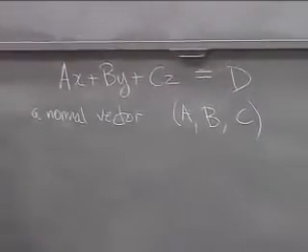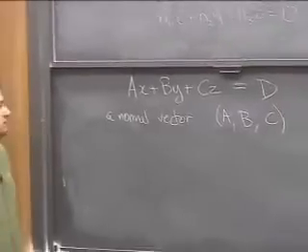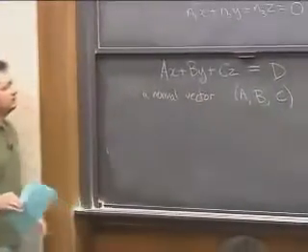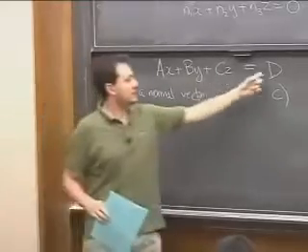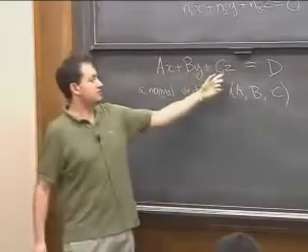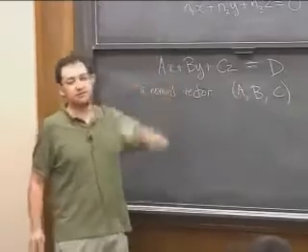And some point on the plane is given just by solving. If you want to find a point on the plane, you just solve for what x, y, and z have to be given D. You could just pick x and y being 0 and find this point.